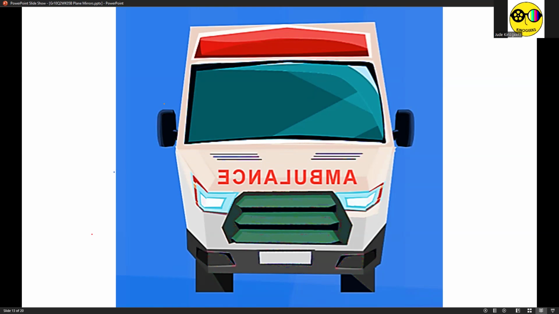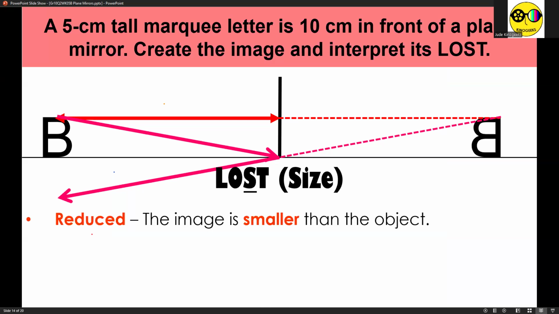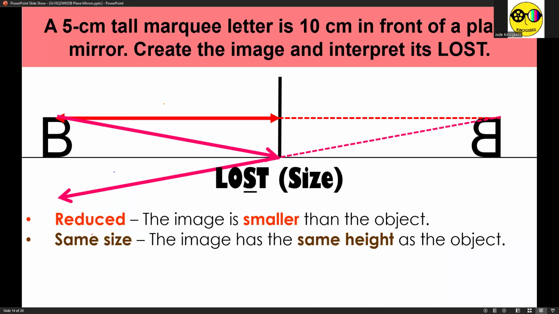Okay, so enough on the orientation. Let's now complete the other half of LOST with letter S, which means the size. For the size, you have three options. So first, reduced, wherein the image is smaller than the object. Second is same size, wherein the image has the same height as the object.